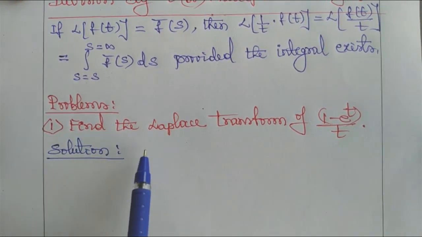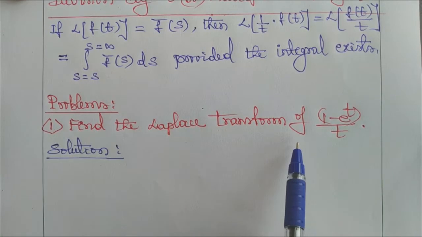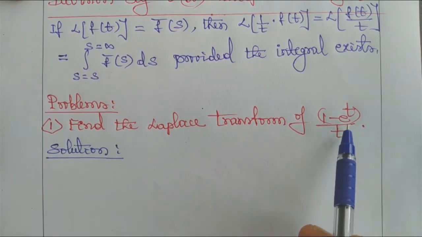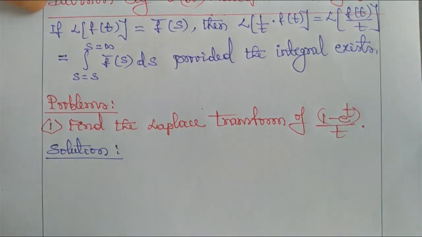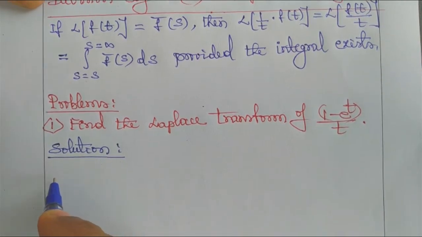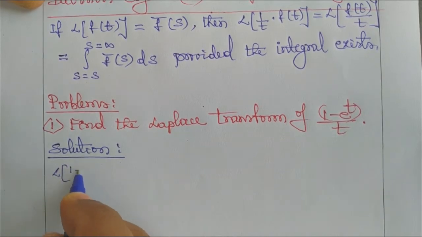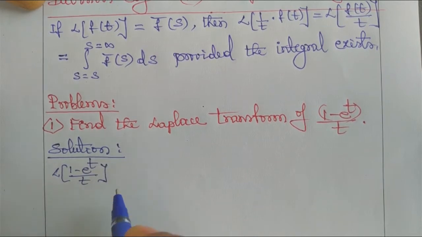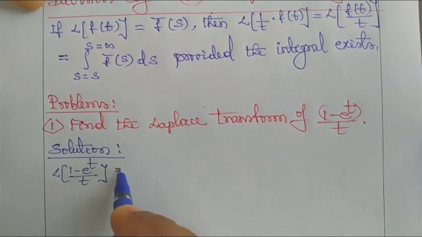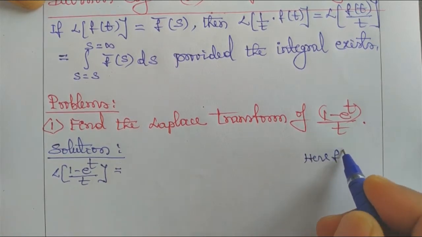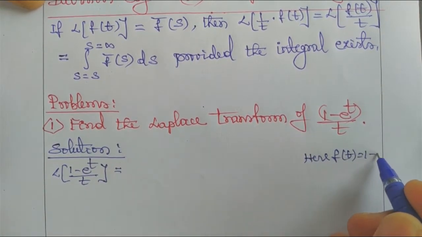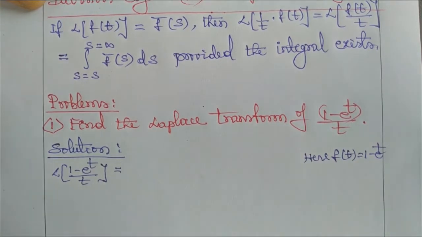Problems. Find the Laplace transform of (1 minus e to the power of t) divided by t. Now how to do this? Please write this. Laplace of (1 minus e to the power of t) divided by t. Here you can notice f of t is equal to 1 minus e to the power of t.